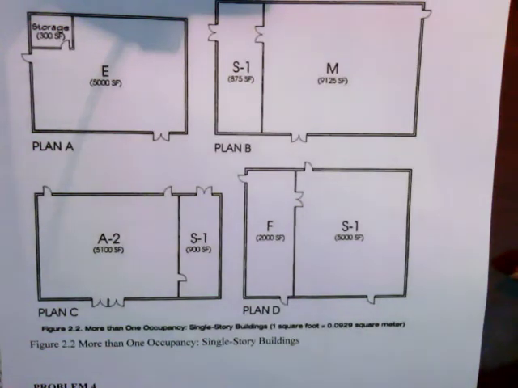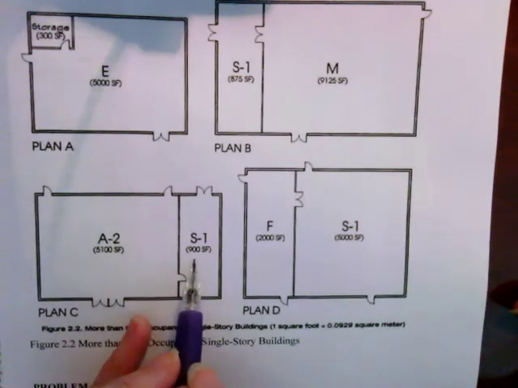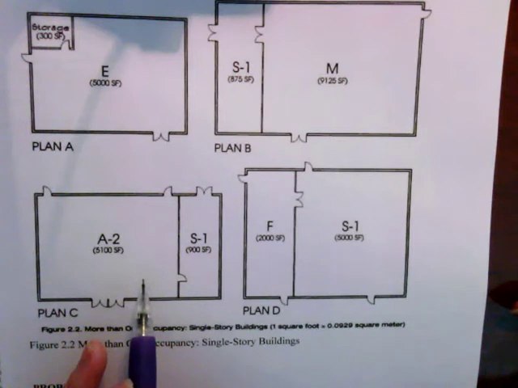Let's look at C, Plan C. The storage area in Plan C could not be considered an accessory use either. To be considered an accessory use by the codes, the storage area must be less than 10% of the total area. So if we had, of course, 5,100 and 900, that comes up to 6,000 square feet.